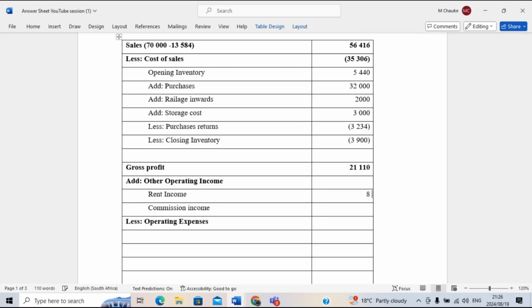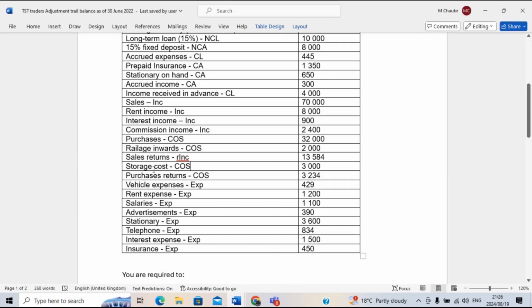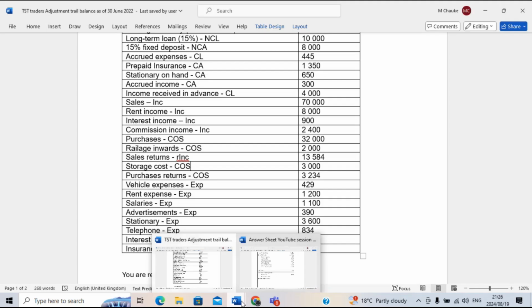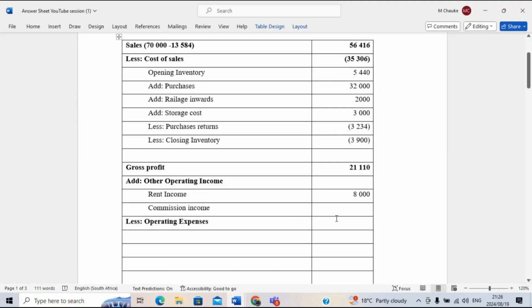Our rent income is 8,000. And then our commission income there, how much? Let's go back there and check. Our commission income is 2,400, okay?